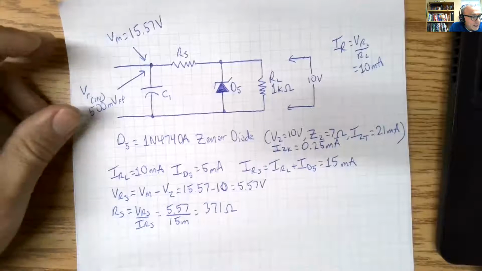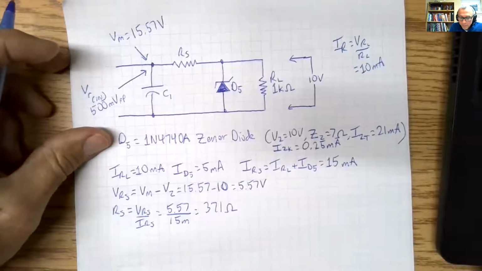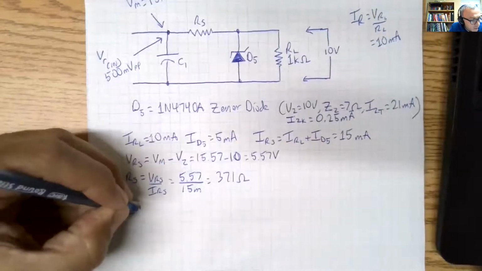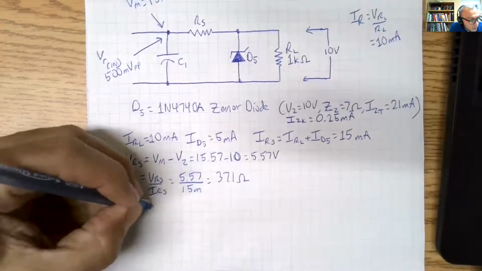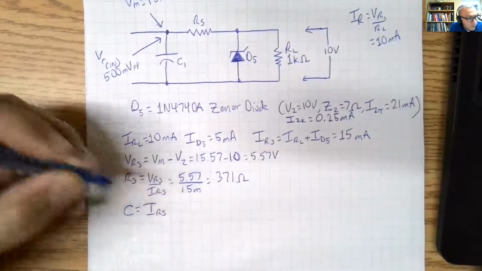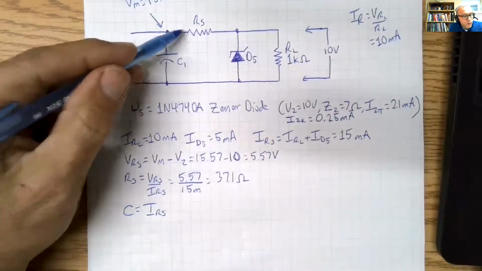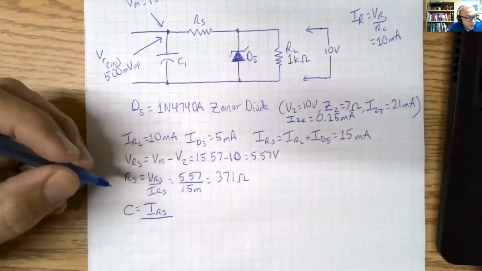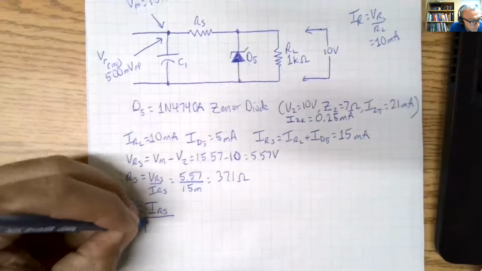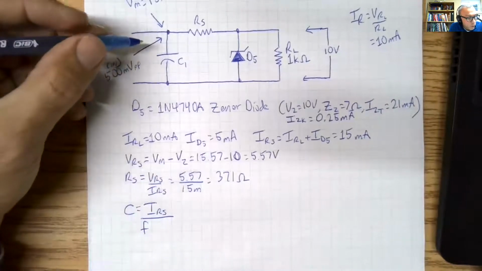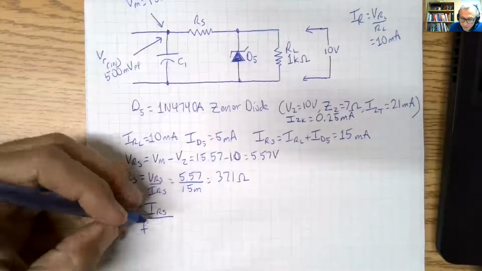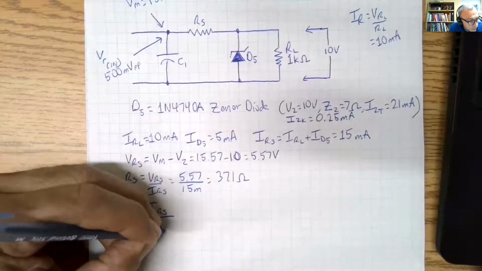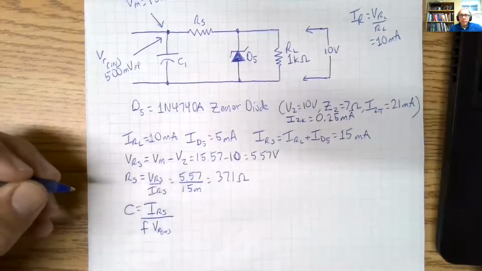To calculate the value of the capacitor, it is going to be IRS, the value of the current up here, divided by the frequency of the signal here, which we know is 120 hertz, times VRN, peak to peak.